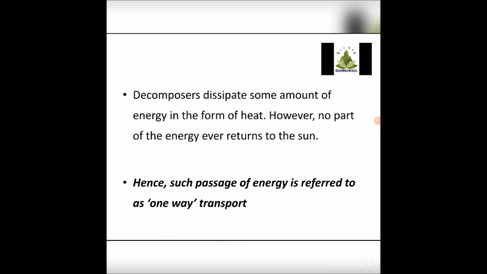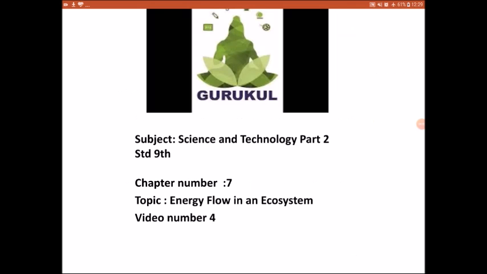But in the whole process, no part of energy is given back to the sun. No part of energy is returned back to the sun. Hence, such passage of energy is referred to as one-way transport, meaning the energy flows one way only.